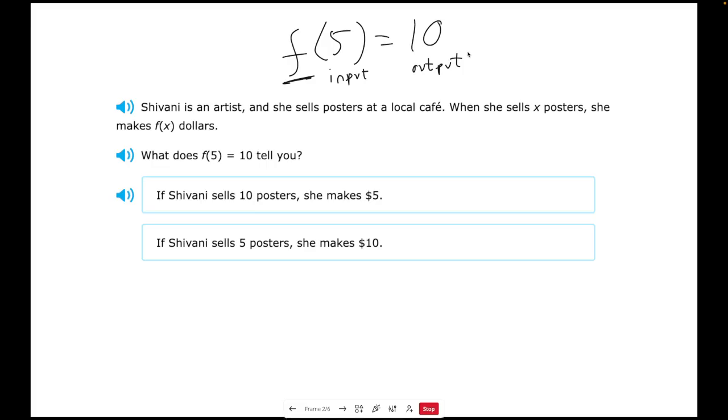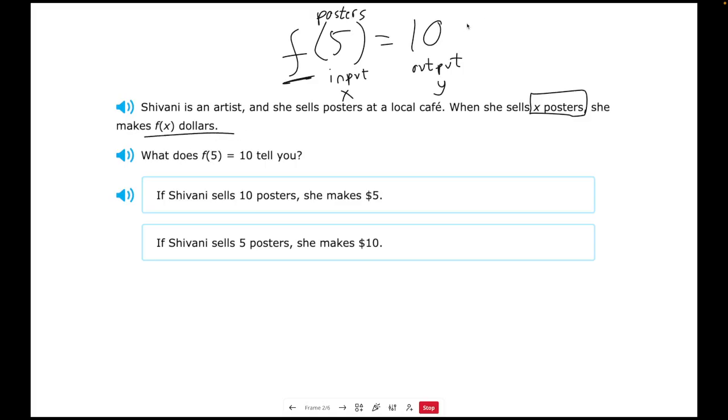And so what's really important here is that we remember, okay, this is the x, this is the y, and they tell us that x, it says when she sells x posters, right? So x represents the posters. So here we're talking about she sold 5 posters, and the output, she makes f of x dollars, right?